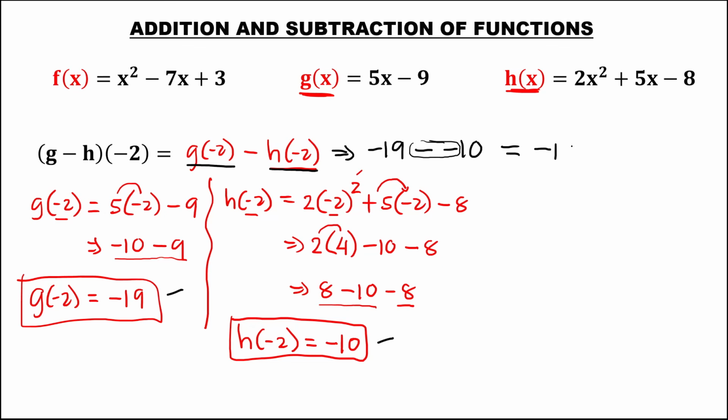So we have now negative 19 plus 10. Then since different sign, we need to subtract. And negative 19 plus 10, since 19 is greater than 10, therefore this must be negative 9. So this is now the value for this function.